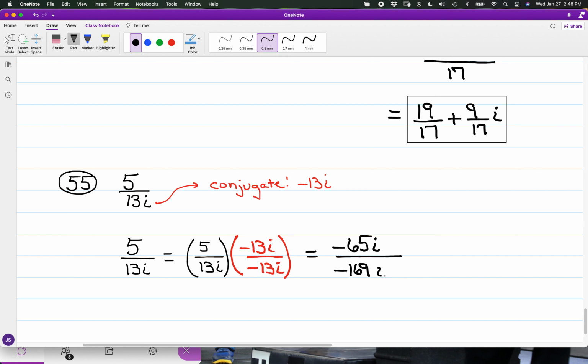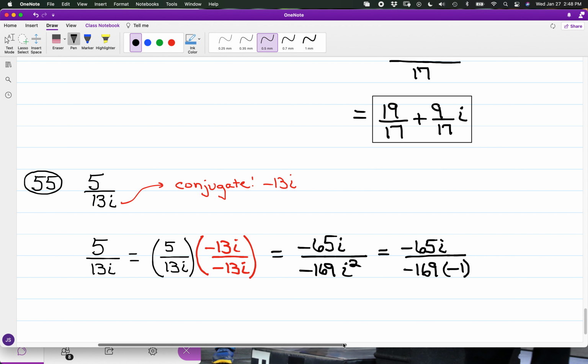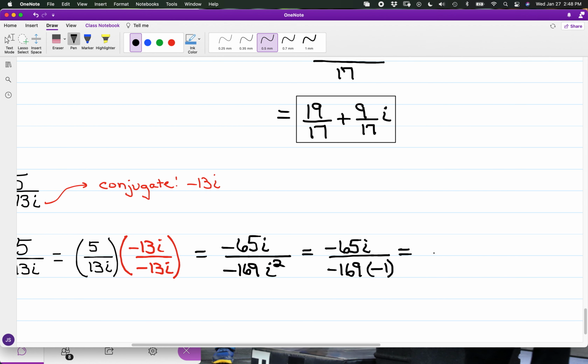And i times i will be i squared. Here we have negative 169, and i squared we have at negative 1. So we have negative 65i, and negative 169 times negative 1 will be 169.